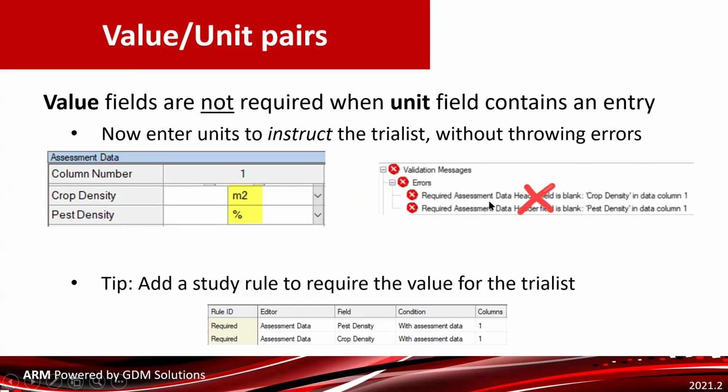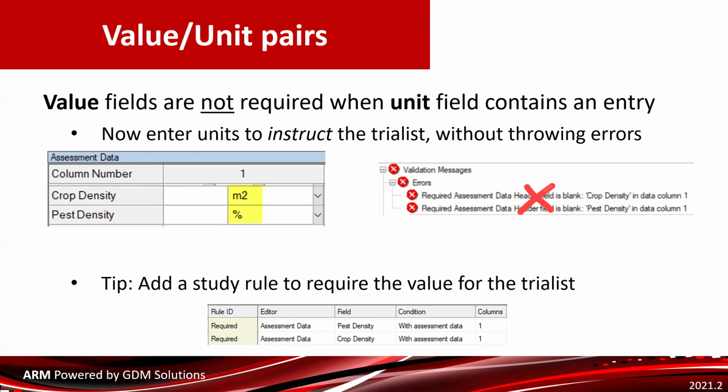If you did this in a trial, there would be an error message that says, hey, wait a minute, you've got a unit, but you don't have a value. And so you'd have these validation errors. We don't want that in a protocol. So that's the capability here, is that we've really removed those types of errors. So that way you can put in information in the protocol.